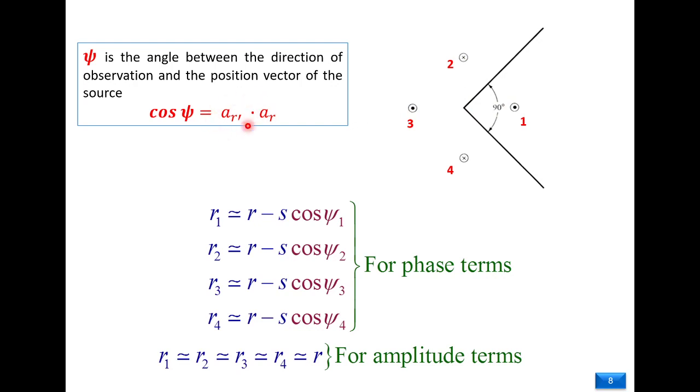So this is a r prime dot a r, where a r is from origin to the observation point. Like we did this many times for wire antennas, we did this for aperture antennas, we did this for antenna arrays. So it's the same approximation.